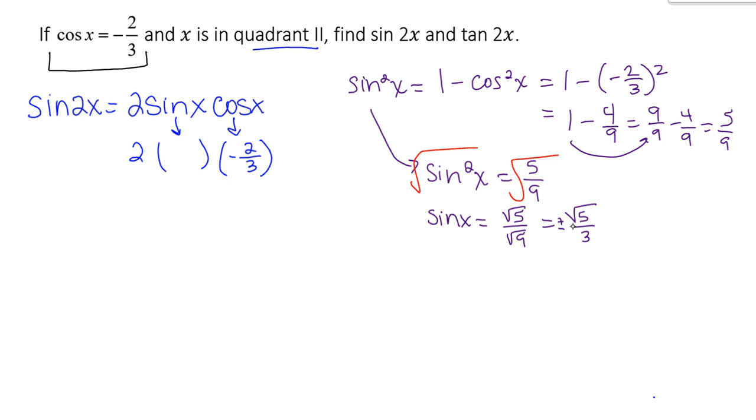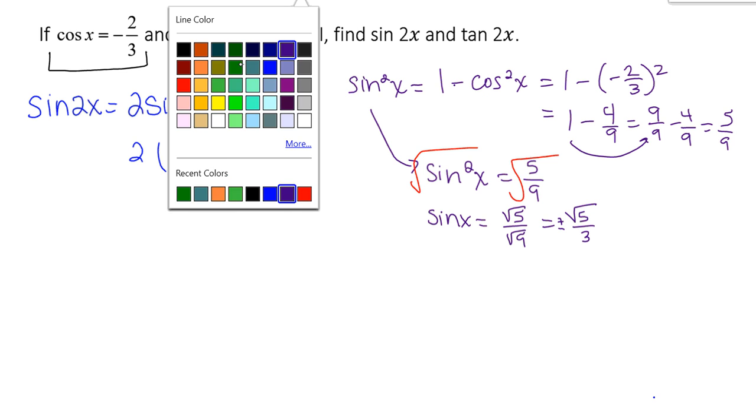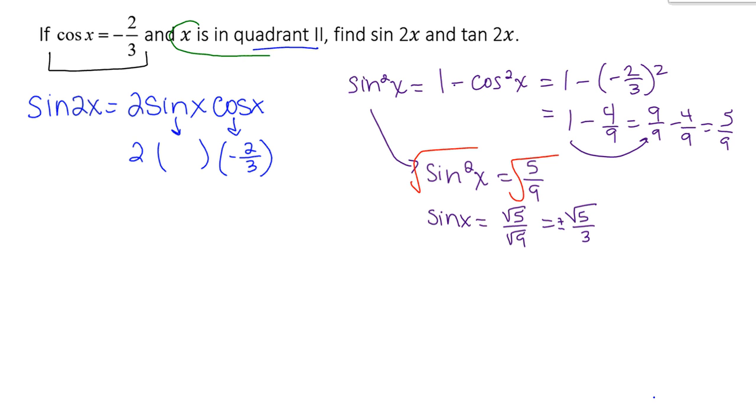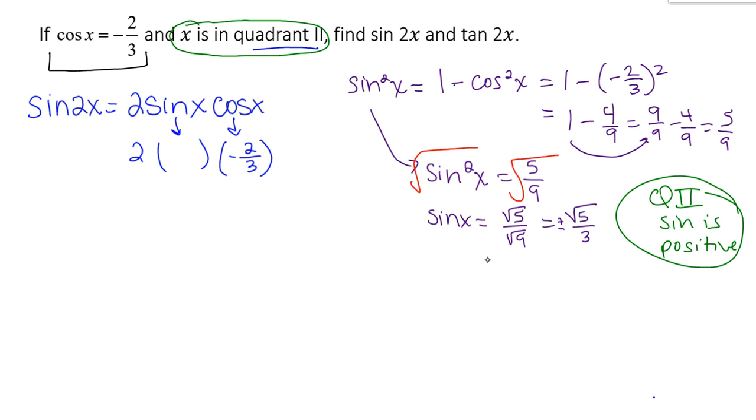Okay, so we're going to take a step back and go, okay, how do we figure out which one it is? It tells you in the problem that x is in quadrant 2. So if I remember right, you know, quadrant 2, sine is positive. So sine of x equals positive square root of 5 over 3.